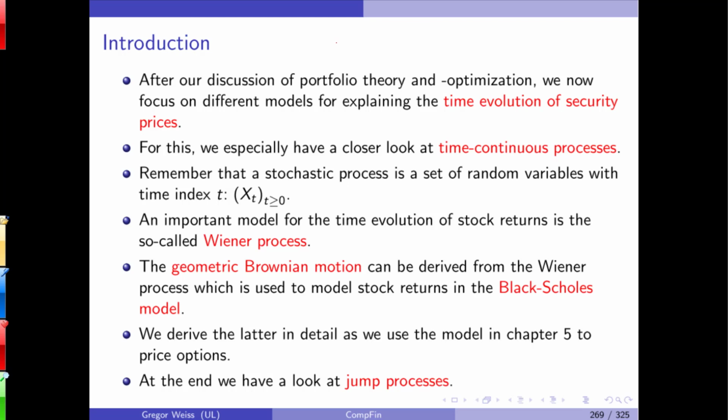For everyone who is not aware of the definition of a stochastic process, stochastischer Prozess, if you take a random variable x, you're describing a phenomenon in nature that is stochastic.